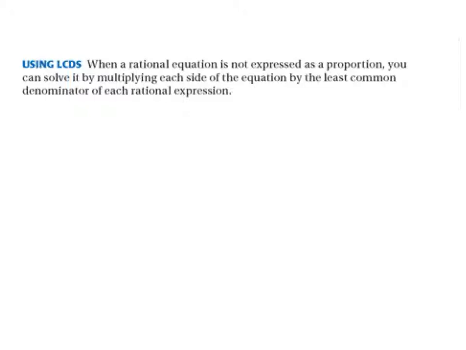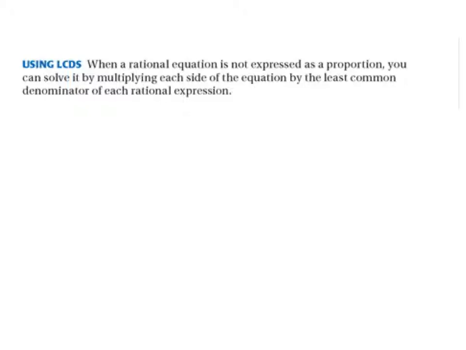All right, we're going to use what we learned in the last section to help us out in this section. When a rational equation is not expressed as a proportion, you can solve it by multiplying each side of the equation by the least common denominator of each rational expression. So we're going to use what we learned in section 5 and make our math much easier here in section 6.